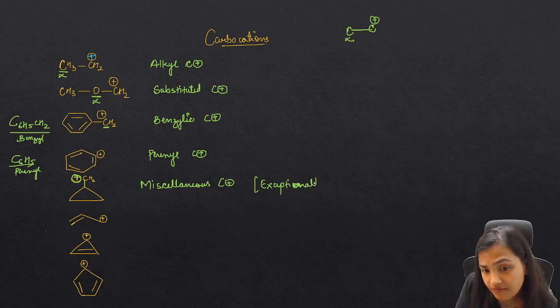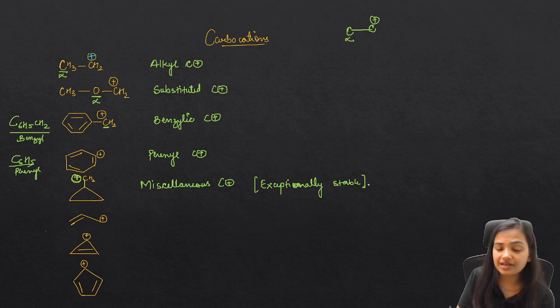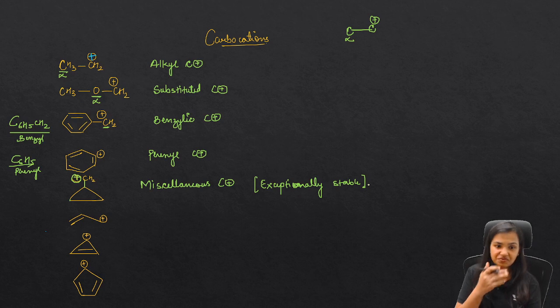Exceptionally very stable. Okay, some of the times many of you have heard about a kind of dancing resonance. So dancing resonance is nothing as such. But still, what is the criteria, how this carbocation is exceptionally stable, I will be discussing all about it.